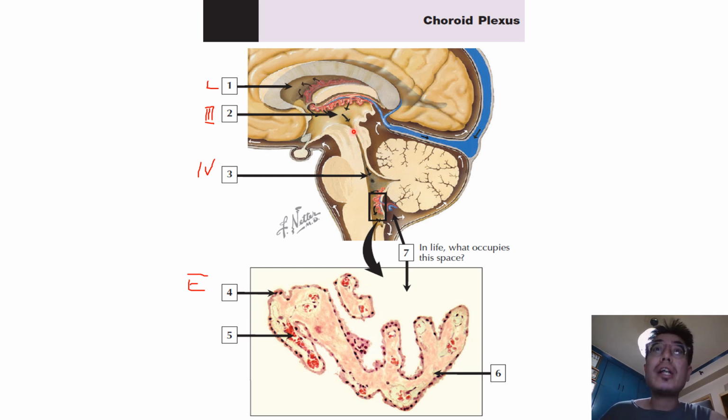And the third ventricle will eventually steep down into the fourth ventricle. The fourth ventricle over here is the space anterior to the cerebellum. We've already mentioned that number 4 here in the light micrograph is the modified ependyma, composed of simple cuboidal or low columnar epithelium. 5 here are capillaries, and 6 is supportive loose connective tissue.